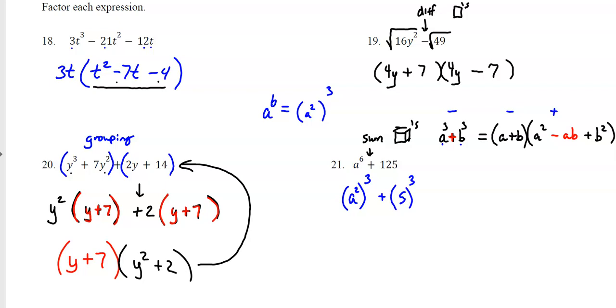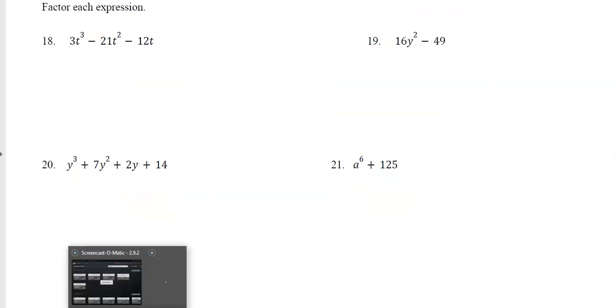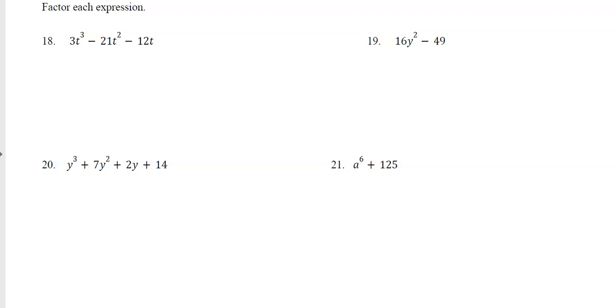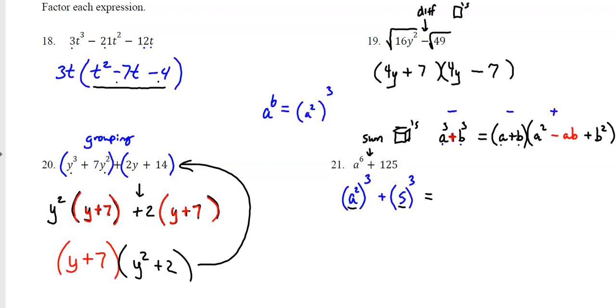So really how I'm viewing this is, to keep the pattern going, this right here is my A, and this right here is my B. So let's try to keep the pattern going.